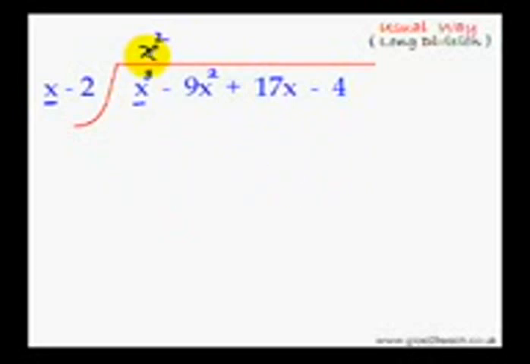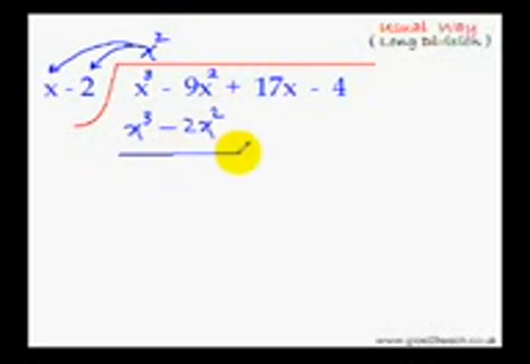Now, whatever term you put here at the top, you have to multiply that with all the terms of the divisor. That means you're going to multiply this x square with this x and also with this minus 2. And whatever you get after that multiplication, you're going to put it here. x square times x is x cube, and x square times minus 2 is minus 2x square. Now you subtract these terms.